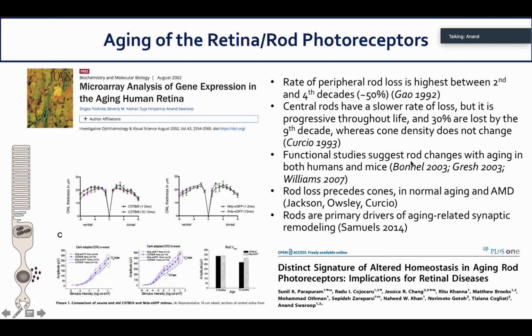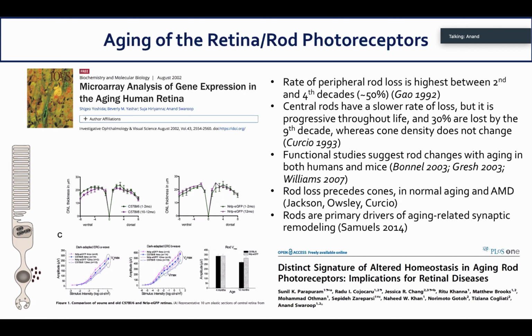And there's a lot of work done in early days by a lot of people. I listed only a few of them. But what was very interesting for me to see was that rods were also thought to be the primary drivers of aging-related synaptic remodeling, which I thought was kind of nice. People tend to ignore rods and think about only cones or inner retina neurons or ganglion cells.